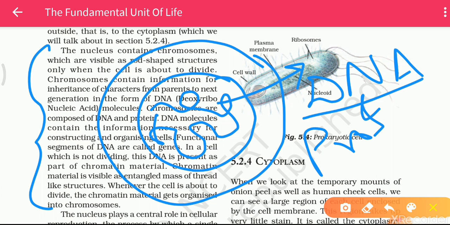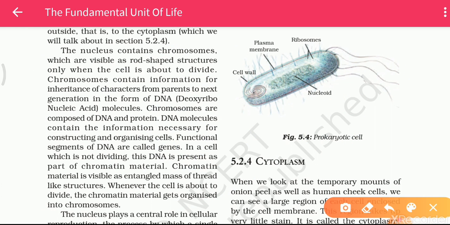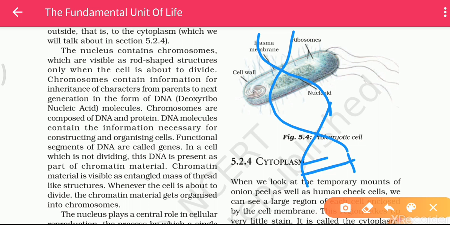When we see the structure of the DNA, functional genes are present here. This is the DNA structure, and the functional segments, genes, are present here, and we can see that genes are arranged in a linear fashion over the DNA.